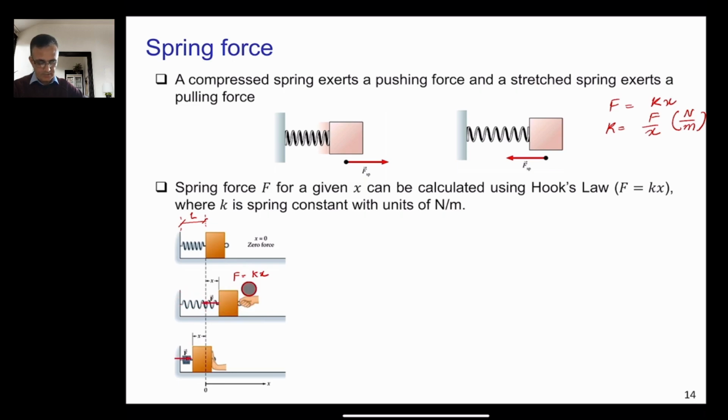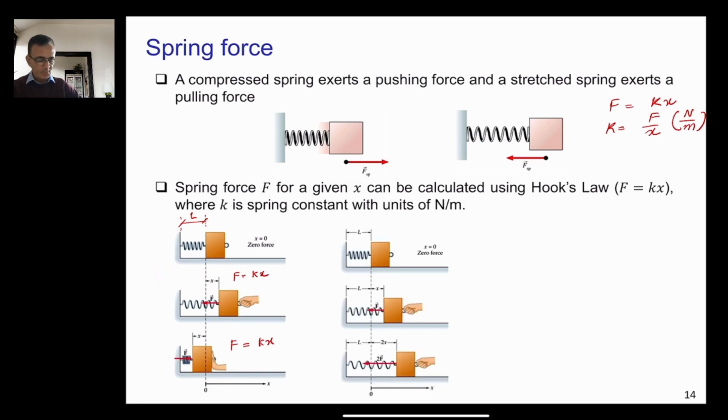In this case, if you compress the spring, and the compression in the spring is x, then again you can calculate the spring force, which will be this pushing force, and this pushing force will be equal to kx here.